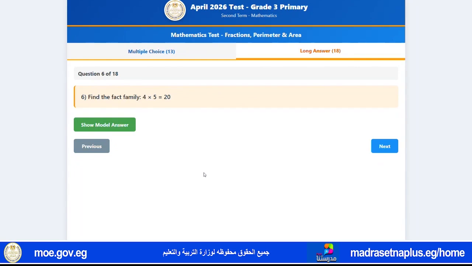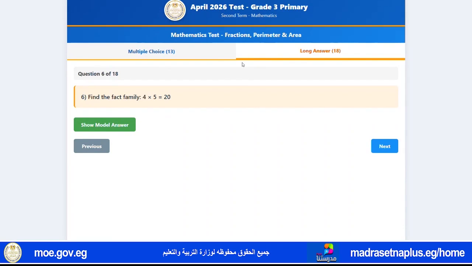Next one, yes. Find the fact family of 4, 5, and 20. If we have three numbers, you can make 4 operations: 2 times and 2 division.